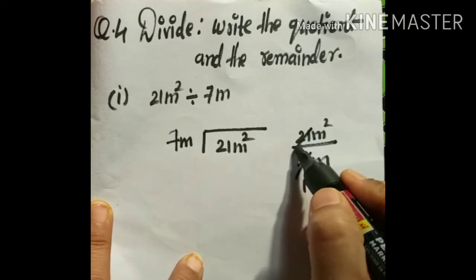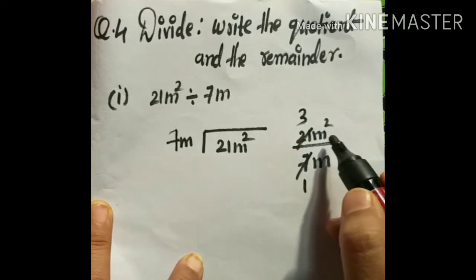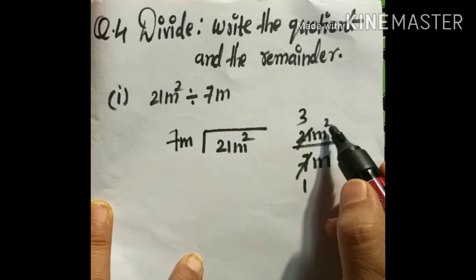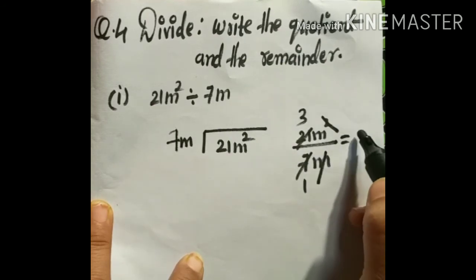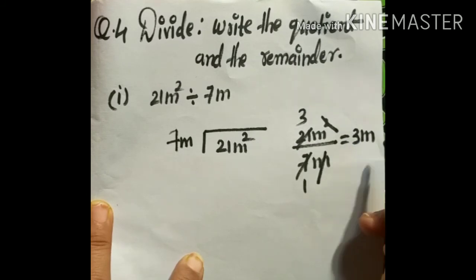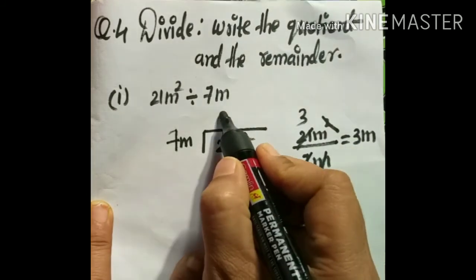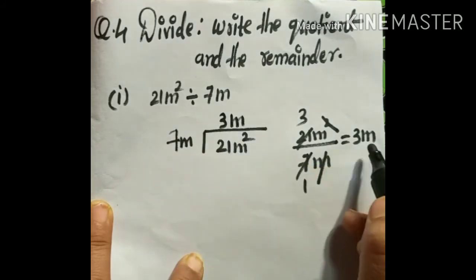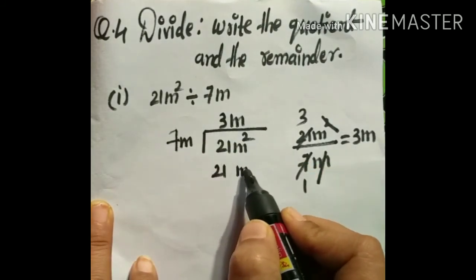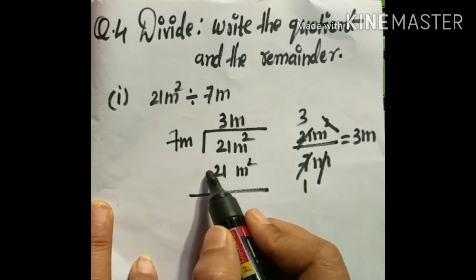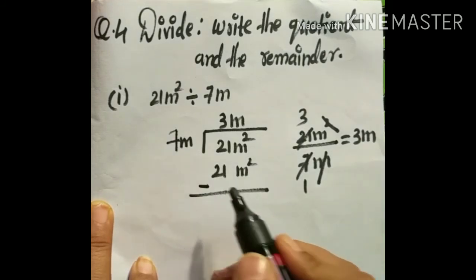Now here we have to do cancellation children. 7 ones are 7, 7 threes are 21. Here m square means children how many m? 2, and here is 1. So 1 m gets cancelled. So what remains children? 3m. This 3m we write here, children. This is our quotient. Now here 21m square. Here plus sign is this, children, so we take minus.